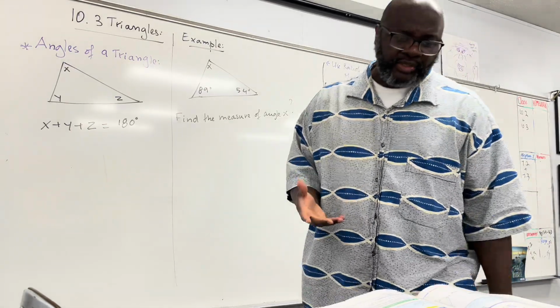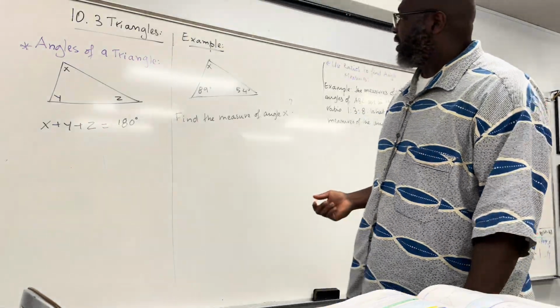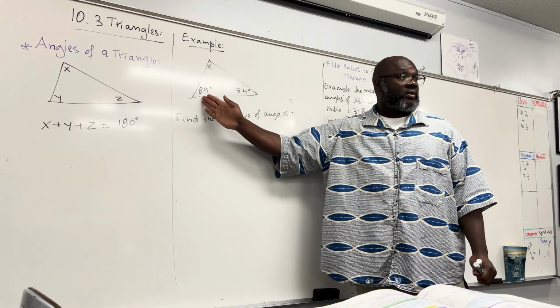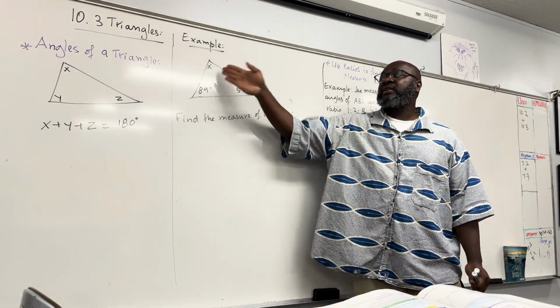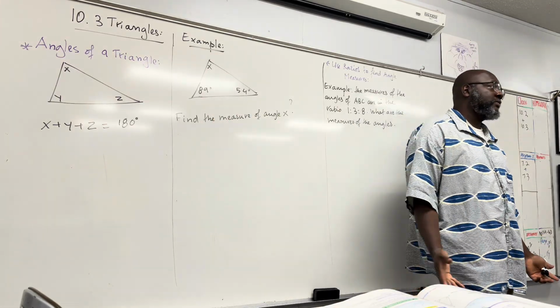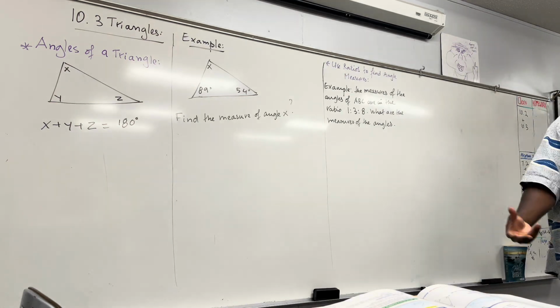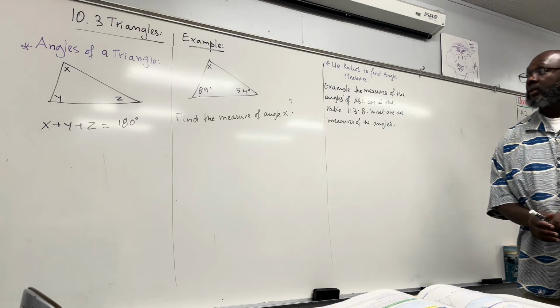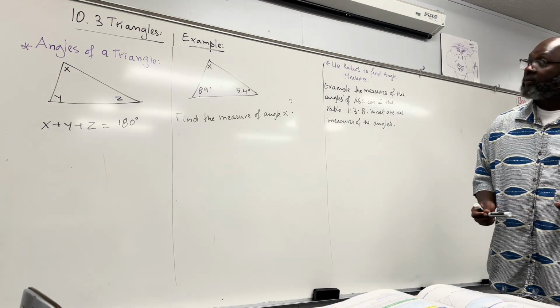Now, why do we use this? Example. If I give you this triangle here, I have the measure of this angle, I have the measure of this angle, and I want to find this angle. How can I use that to find x? Subtract the sum of the 2 from 180, right?